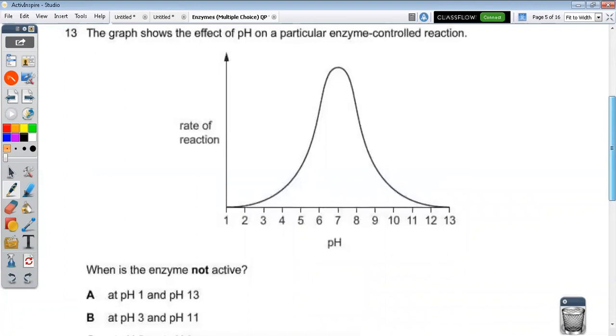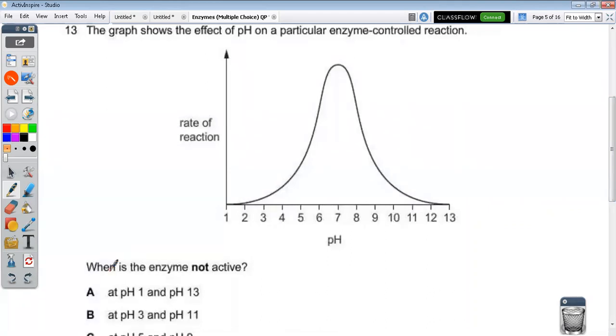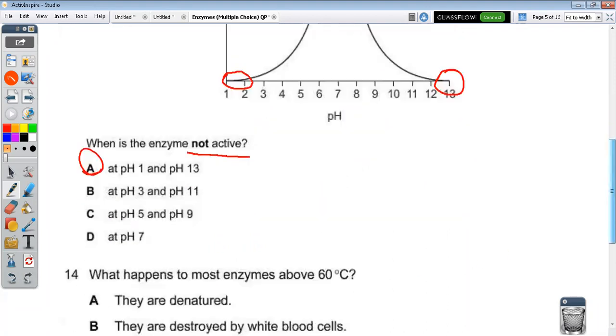Right. So when is the enzyme not active? Where is it not active? There. The enzyme is not active and where? There. So what's the answer? A. Clear?